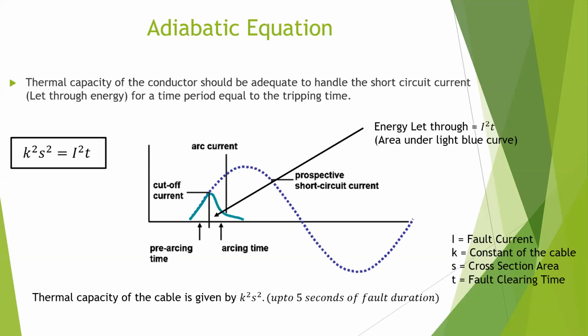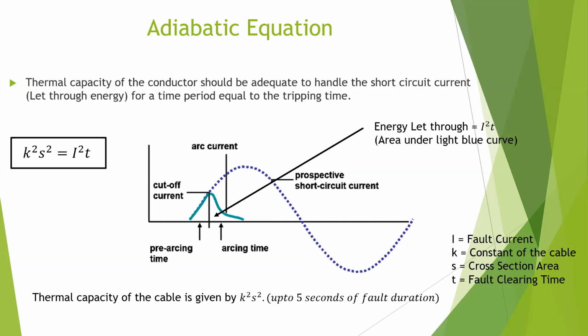In a short circuit situation, there will be a very high current flowing through the circuit or conductor, and your tripping mechanism will initiate after several milliseconds or some time period. So your cable should be able to handle that short circuit current for that tripping time period.